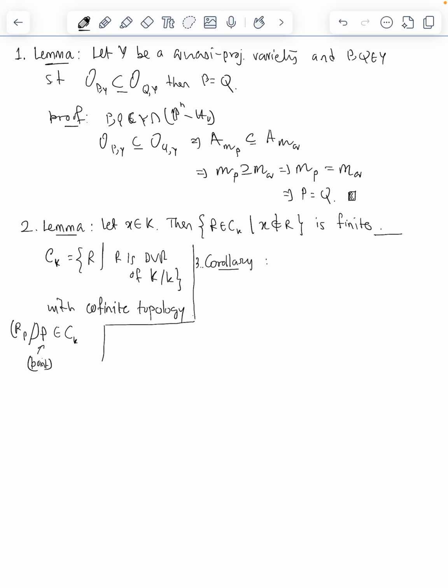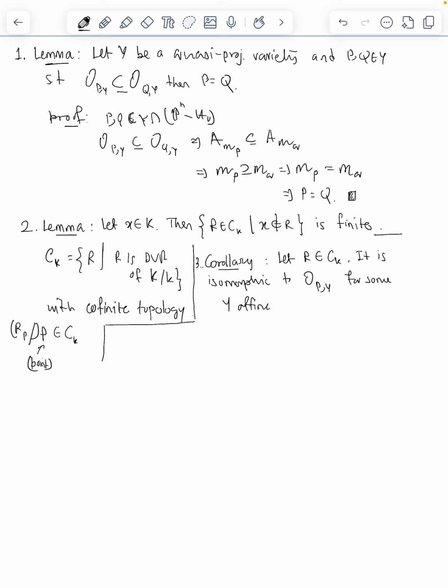So this will say that any DVR R of K over k, which is in C_K, is isomorphic to the local ring of a point for some affine variety.